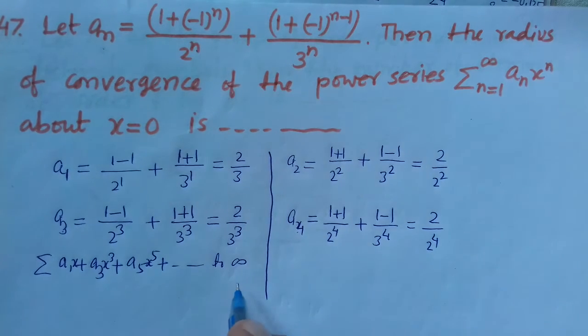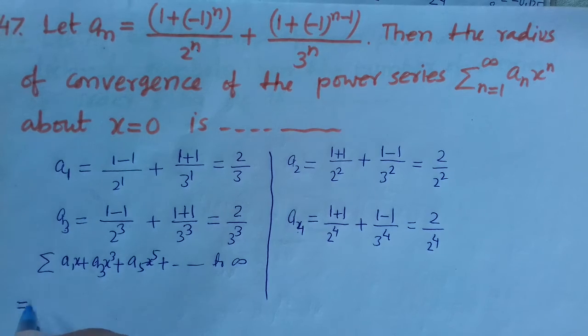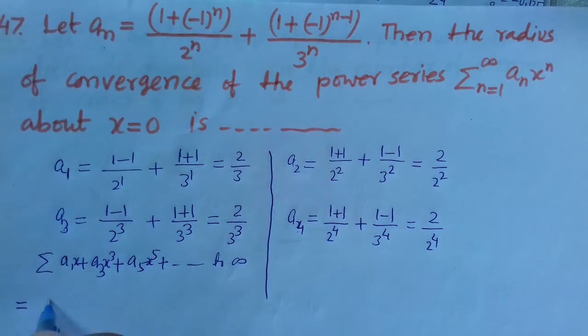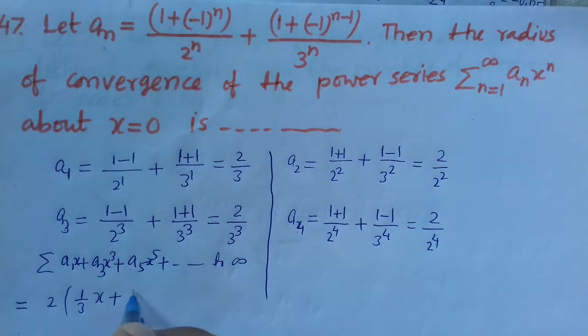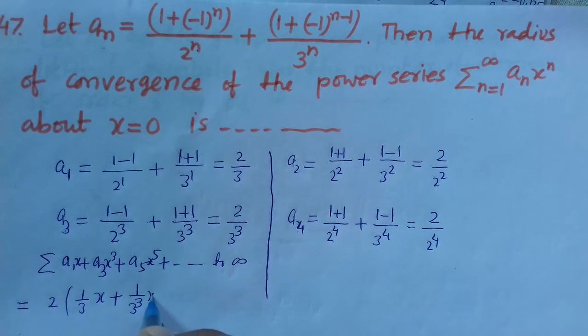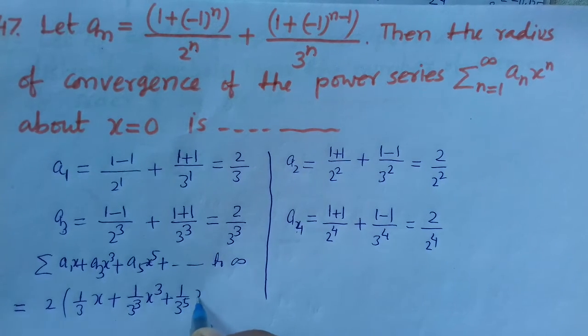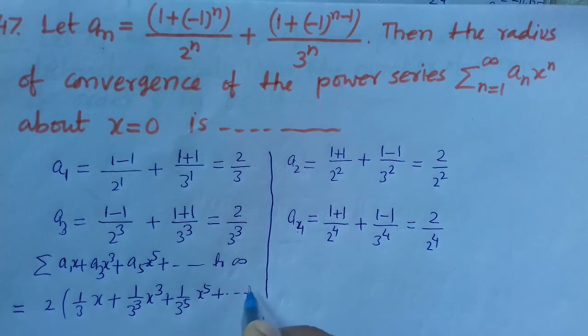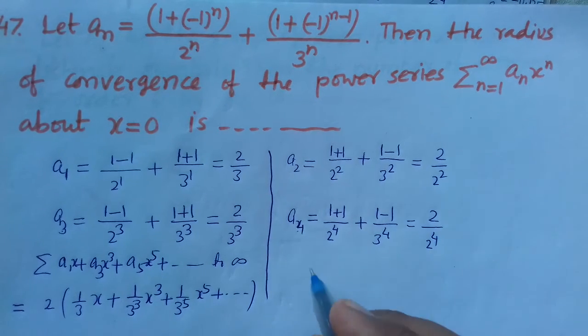So the sum of this term will be 2, here you see 2 in all, 2 times 1 by 3 x plus 1 by 3 to the power 3 x cubed plus, in the same way, 1 by 3 to the power 5 x to the power 5 plus to infinity, and here you also see the same thing, 2.